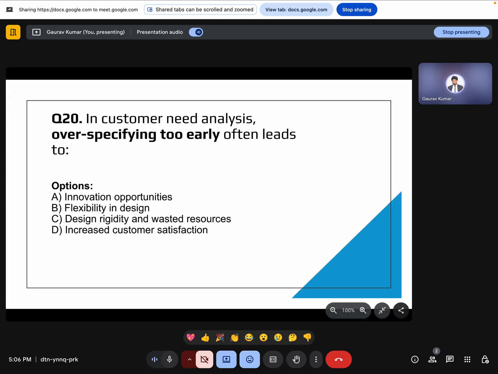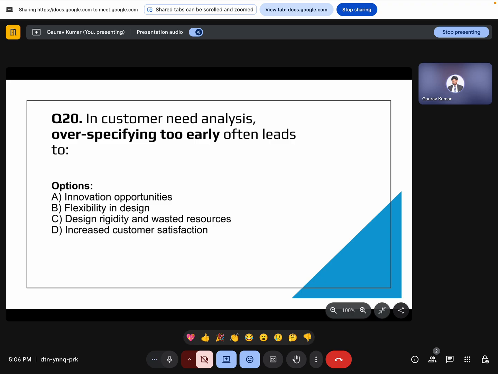In the early design stage, flexibility is crucial. Locking numbers too soon restricts creativity and can result in wasted resources when conditions change. So the correct answer is design rigidity and wasted resources.